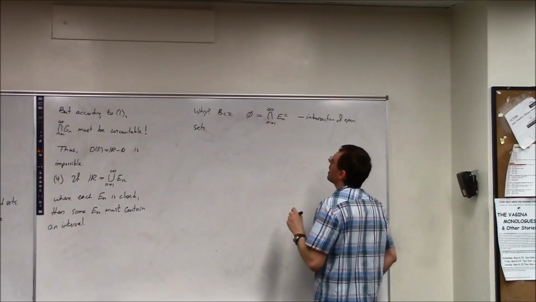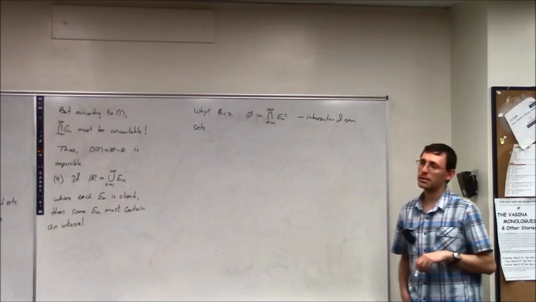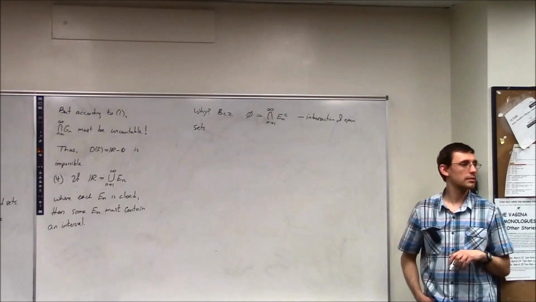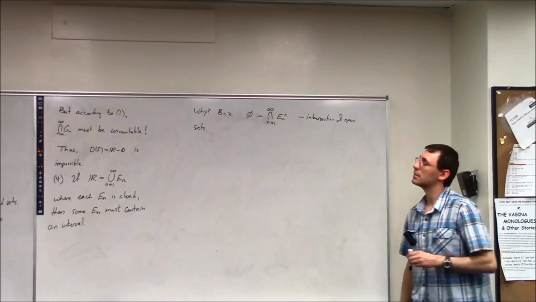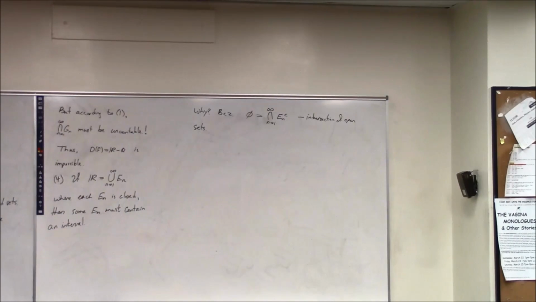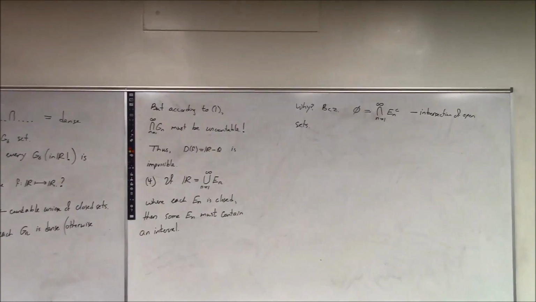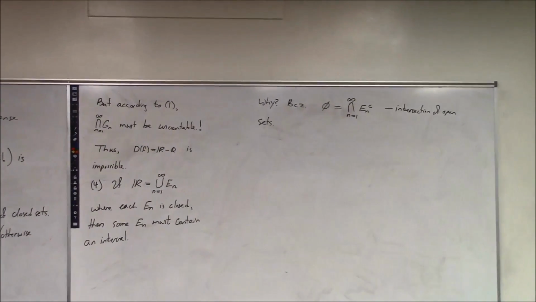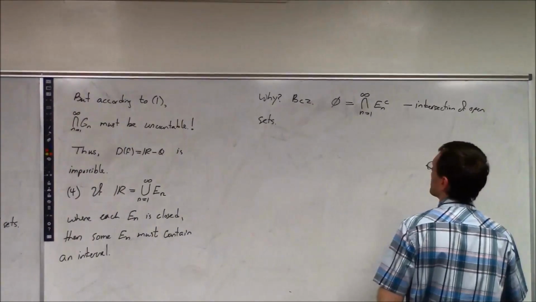Now the question is, are those open sets dense? Oh, if it was dense and closed, it would be R. Right? No, I mean, dense and open, it would not necessarily be R, but it would be some uncountable set. That's the point. We don't even get that, we get empty. So these sets are not dense.